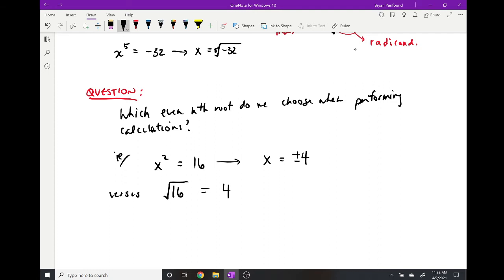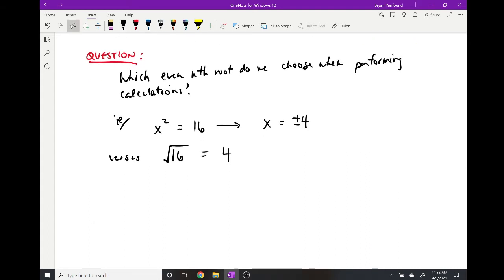So I just want you to understand that there are a couple different ways to phrase the problem. What the calculator typically does is take what we call the principal root. It assumes that you're solving an area problem, so that the area of the square you're working with is 16, and so the side lengths need to be positive side lengths.